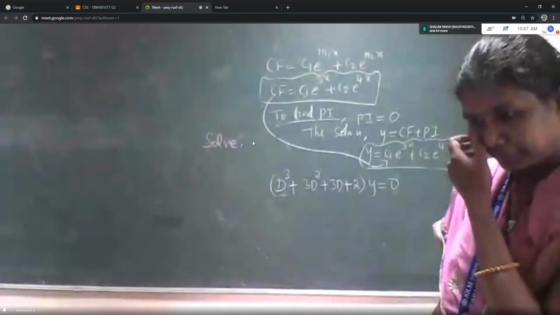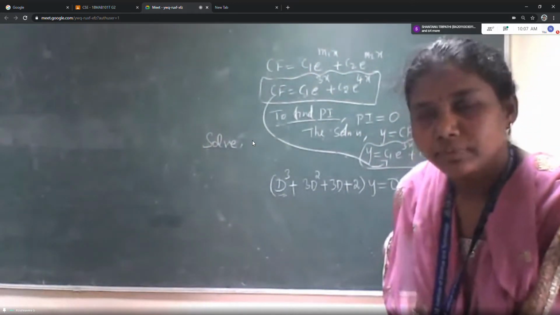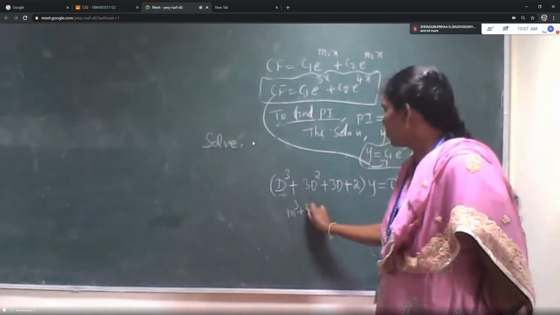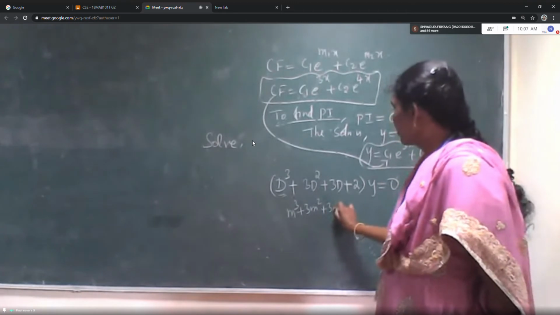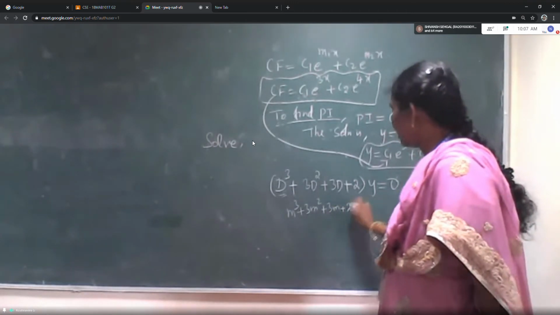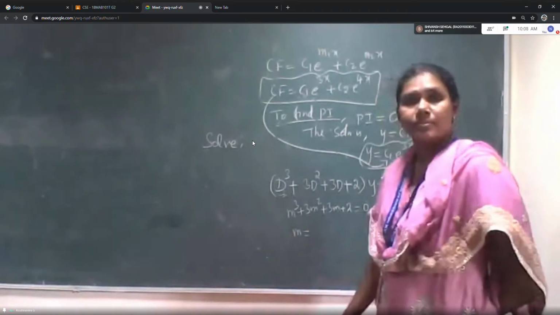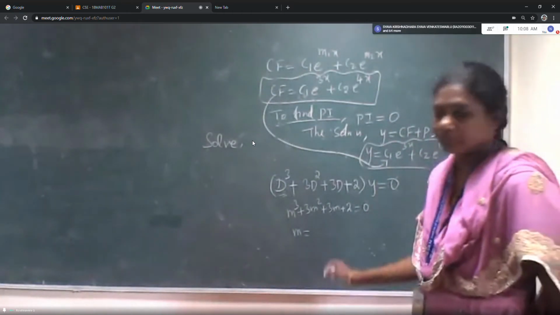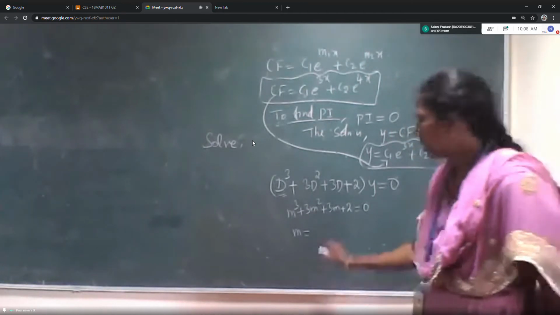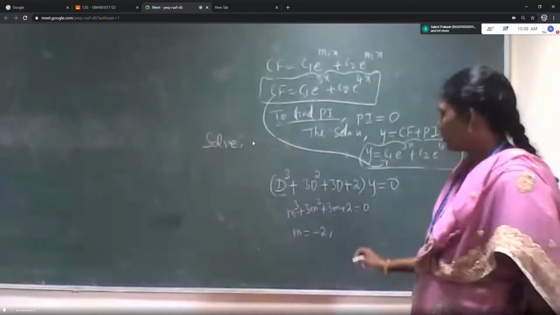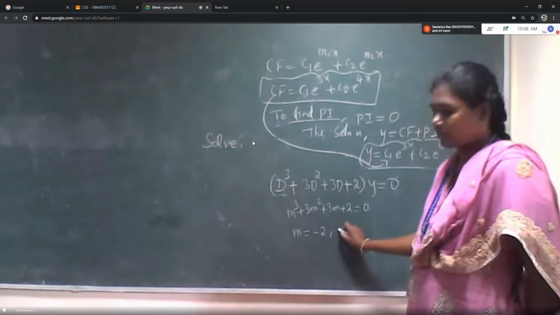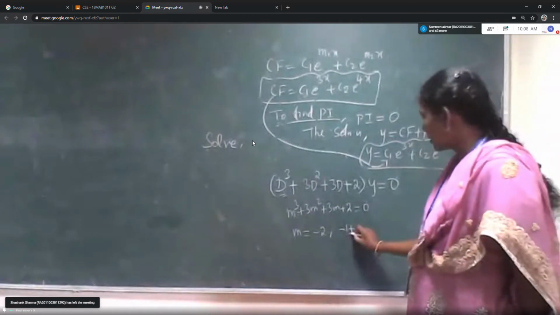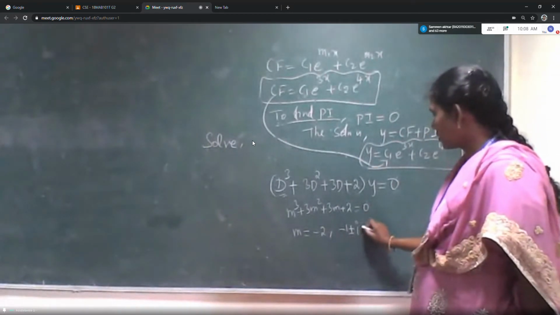Ma'am, but these two roots are imaginary, the complex roots. First write the auxiliary equation. Roots are minus 2, omega and omega square, meaning minus 1 plus or minus root 3i by 2.